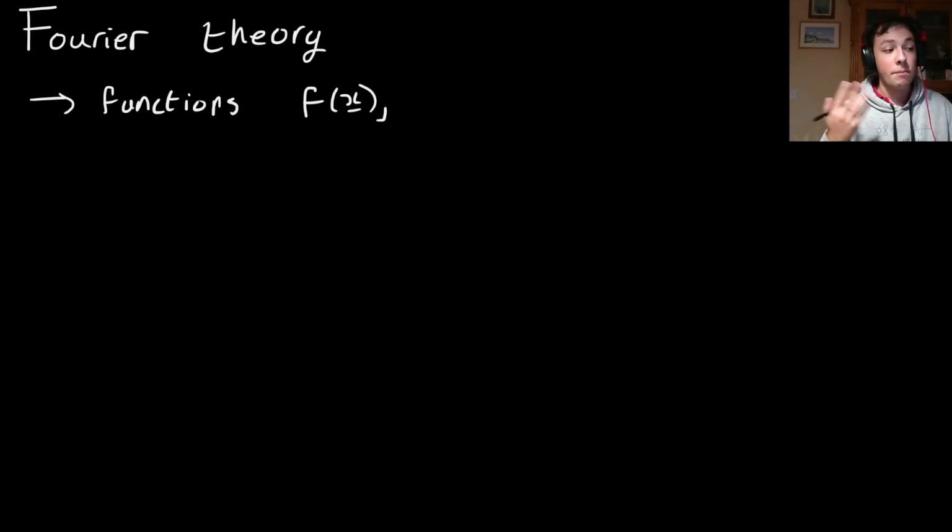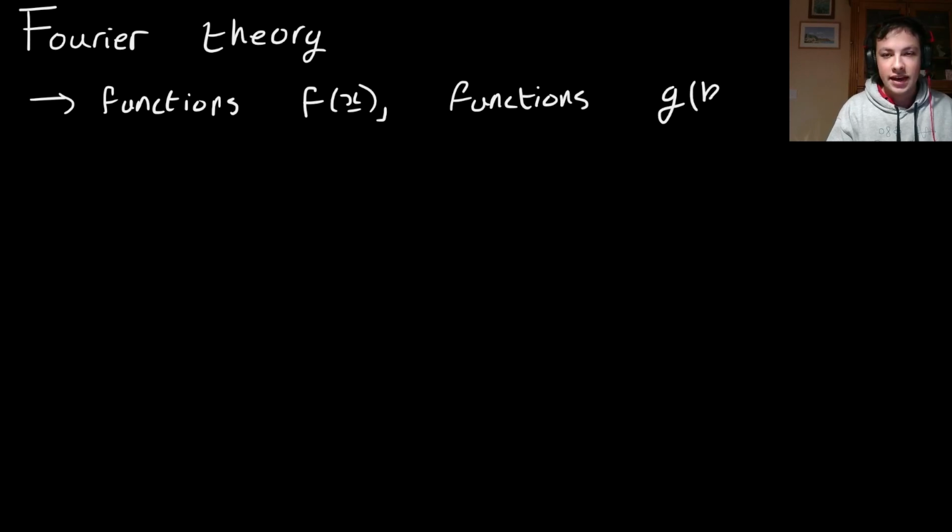So if we have a momentum k, then we're going to have functions g of k, expanding these functions f as functions of k, because that is going to make it easier for us to do certain things in quantum mechanics. For example, kinetic energies are easy to calculate in momentum space, less so in position space.